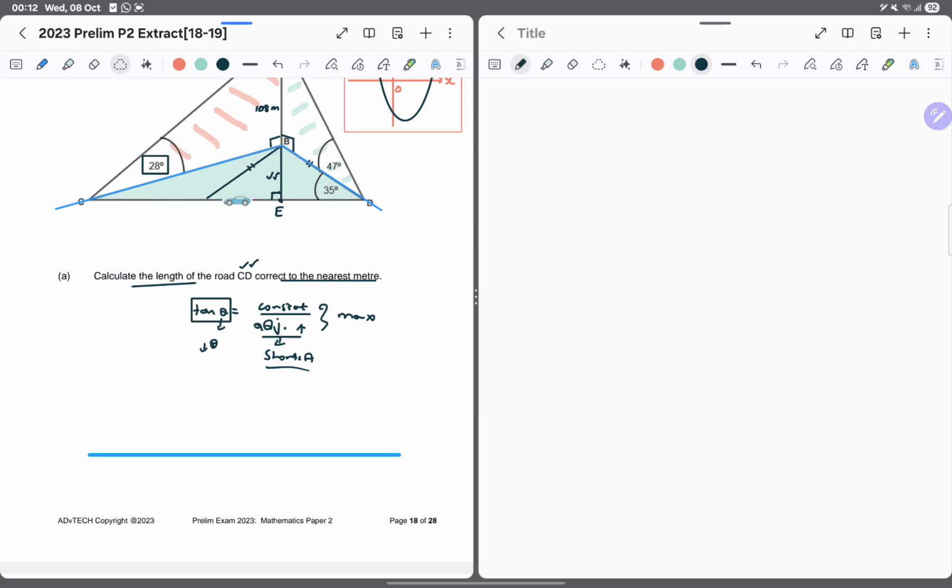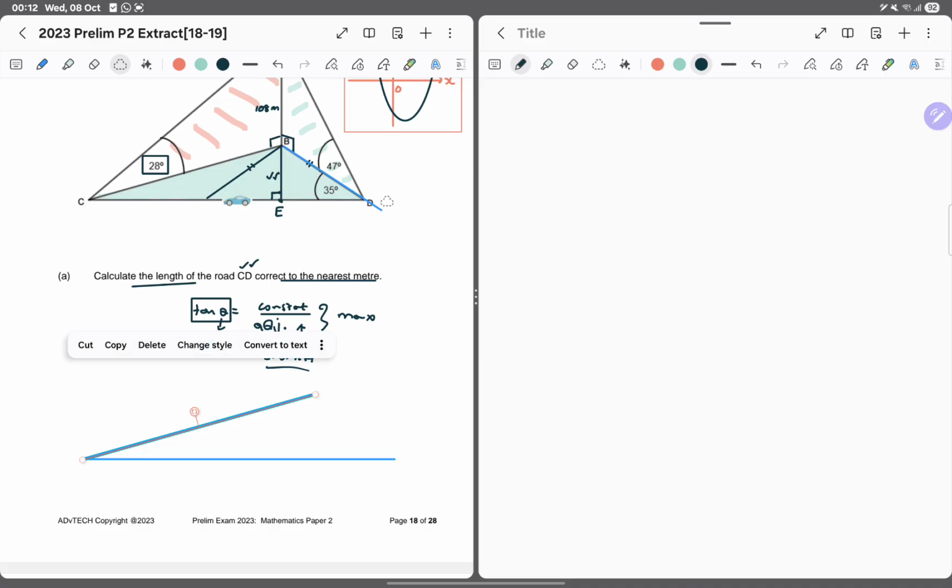Let's take it. This is the horizontal one. Take this one. Just want to show you guys something. Take this one. Okay. I need that size to be exactly the same.